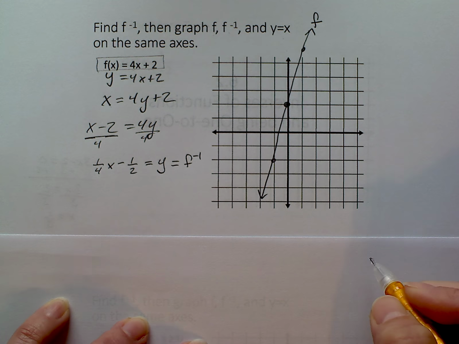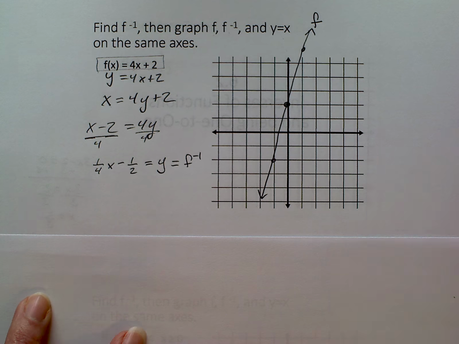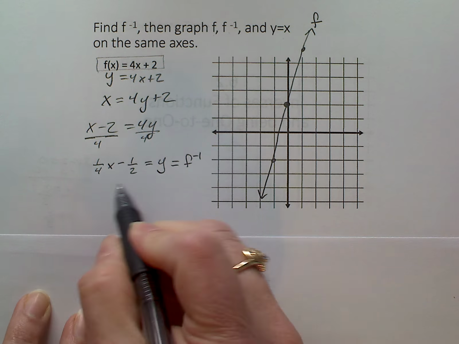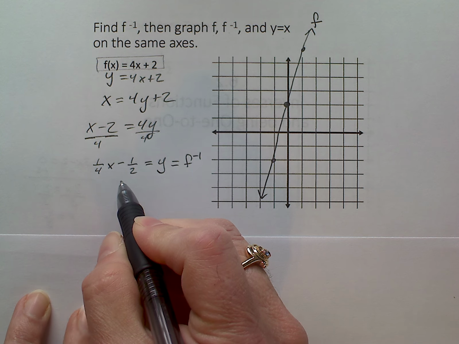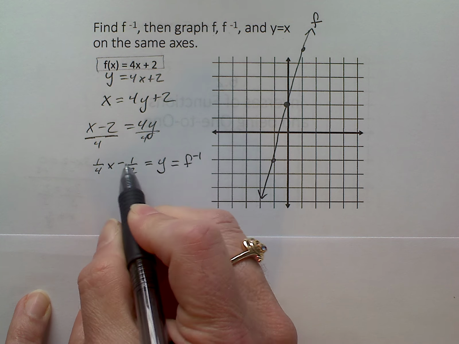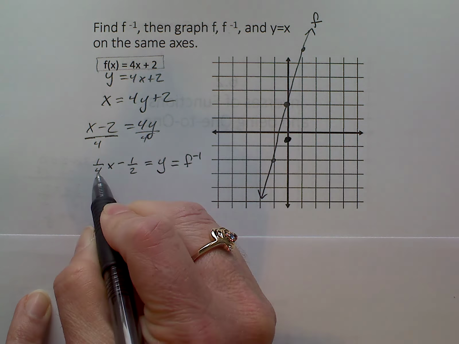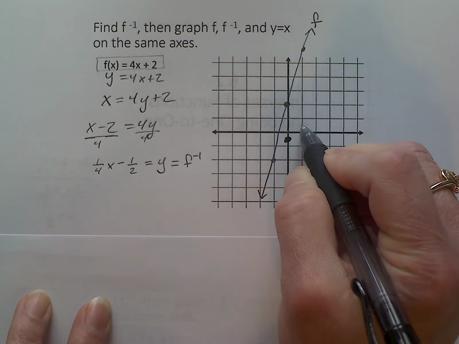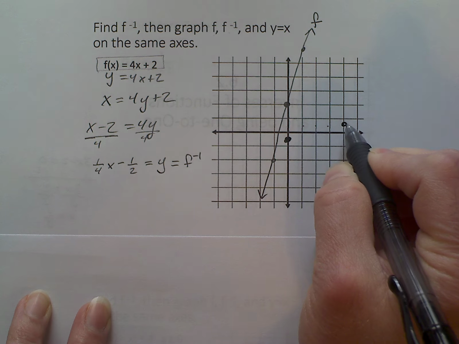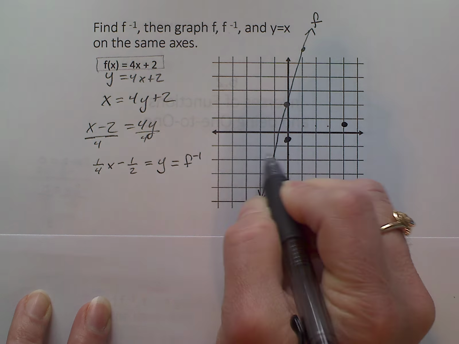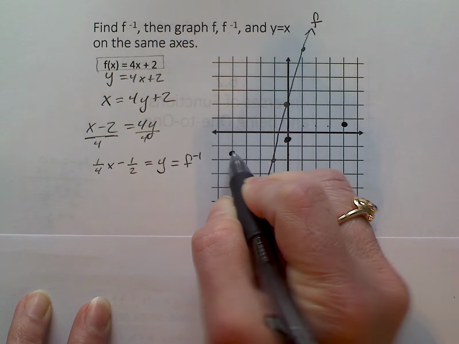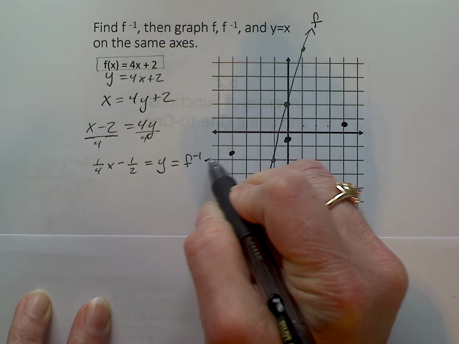That's f. F inverse, get another color, is a line. How delightful. This line goes through -1/2, and then I go up 1 over 4. Or I can go down 1 and left 4, and that makes another line.